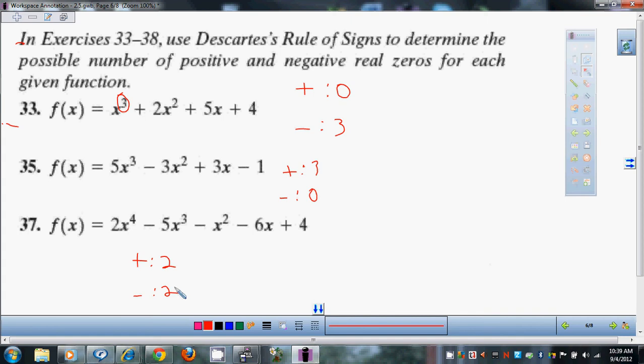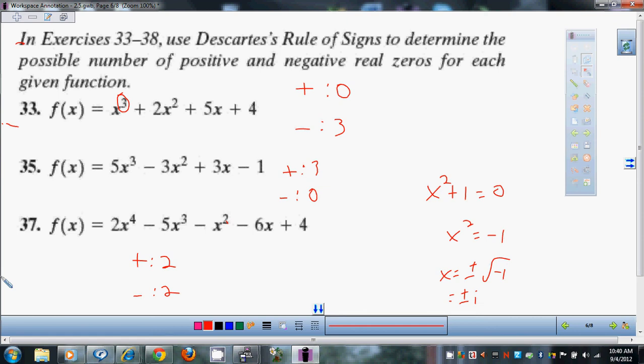For instance, let's say I asked you to find the roots of this. You'd set it equal to 0 and solve. This is just an example, by the way. You take the square root, which is what? Plus or minus i. Every imaginary root is going to come in pairs every time.